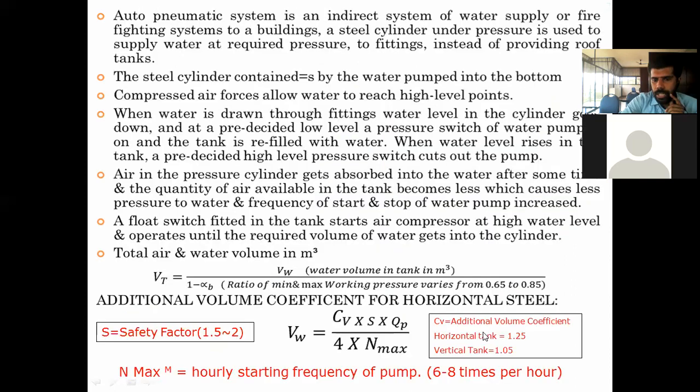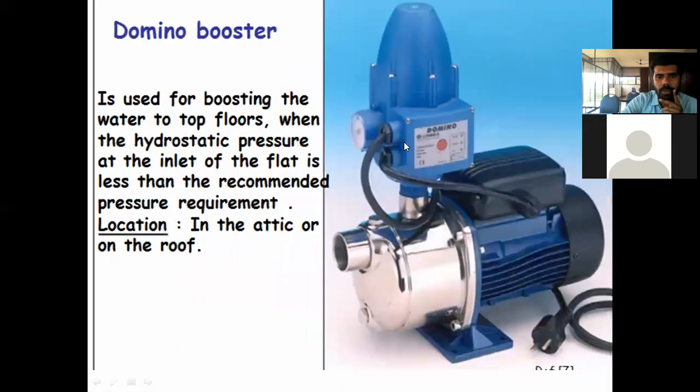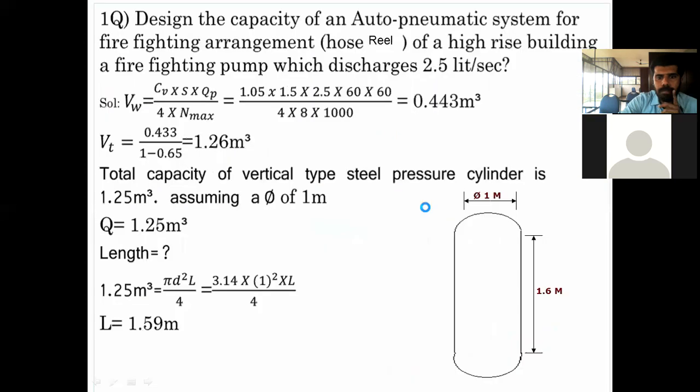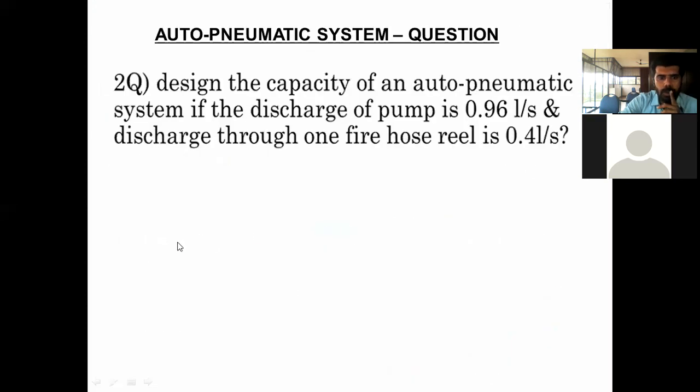You can see here, sigma B: the ratio of minimum and maximum working pressure varies from 0.65 to 0.85. You can take 0.65.